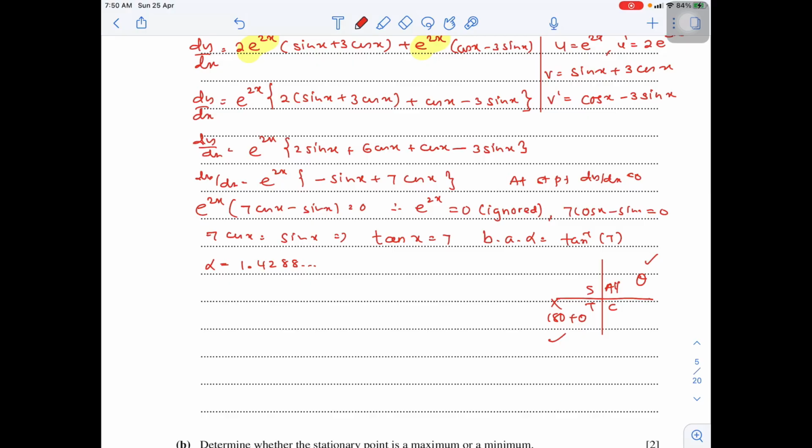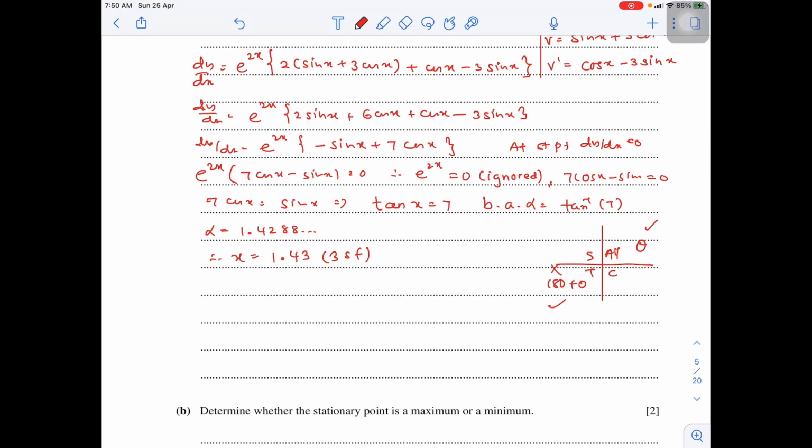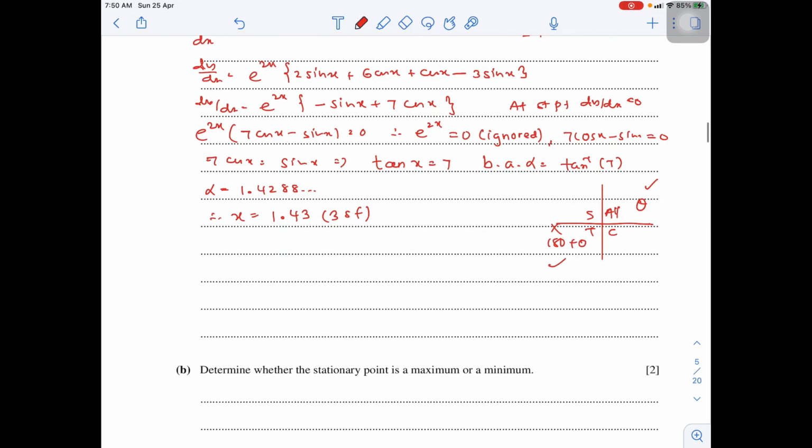Tan is positive in the first and third quadrants, that's theta and 180 plus theta. I don't have the third because it is from 0 to 180 only. So I can write x is 1.43 to 3 significant figures.